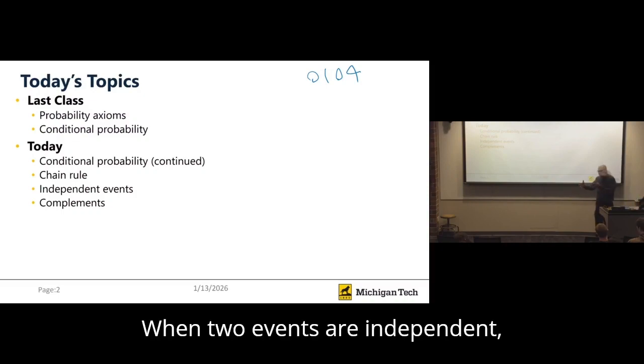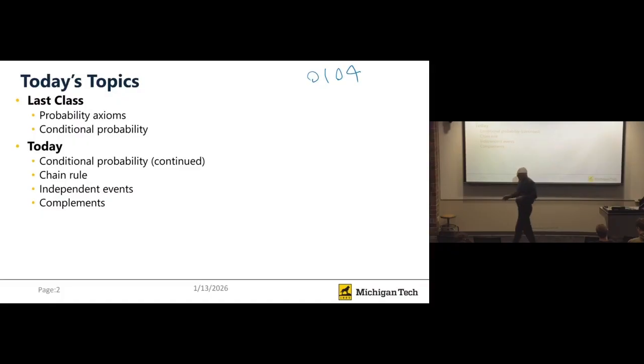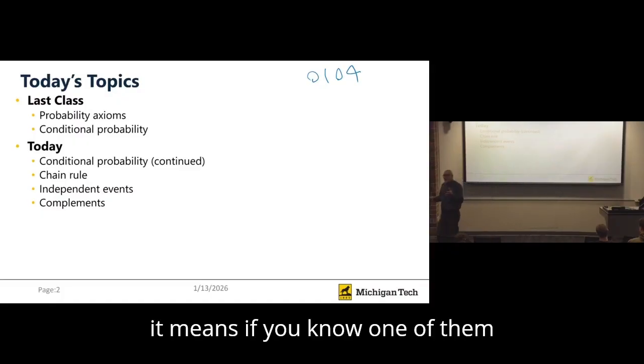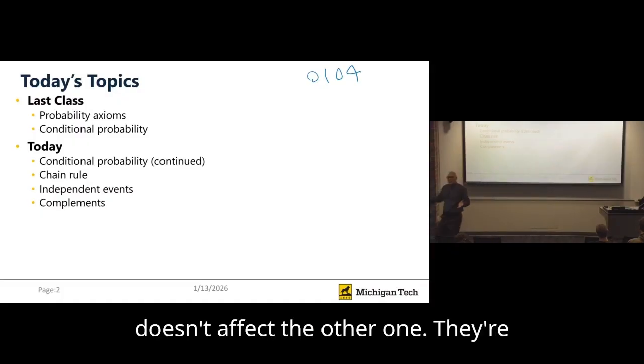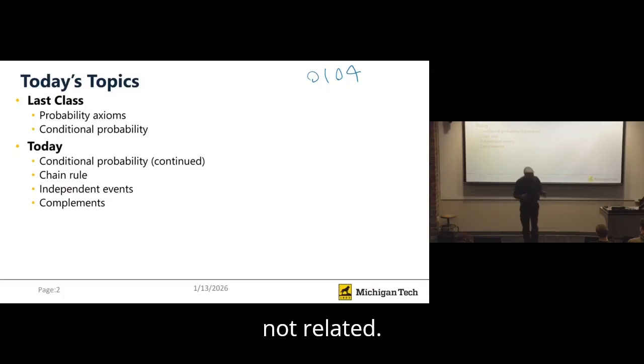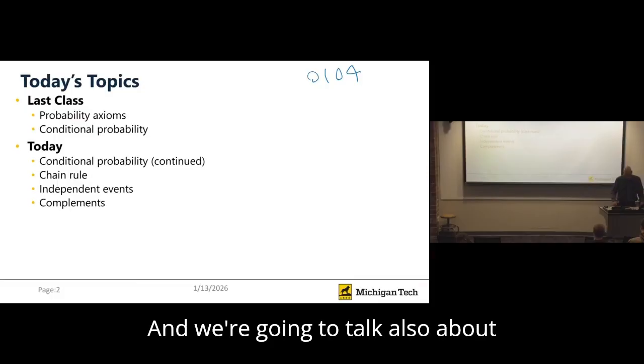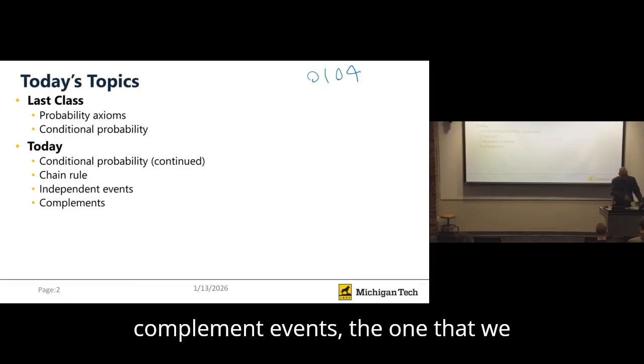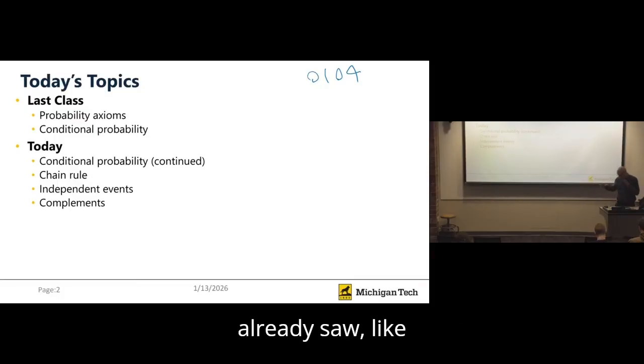When two events are independent, it means knowing one of them doesn't affect the other one. They're not related. And we're going to talk also about complement events, the one that we already saw, like probability of A.